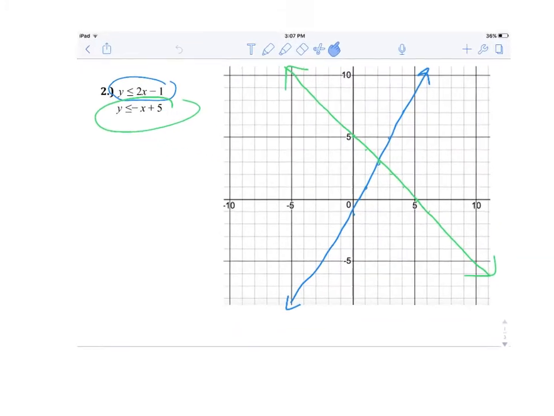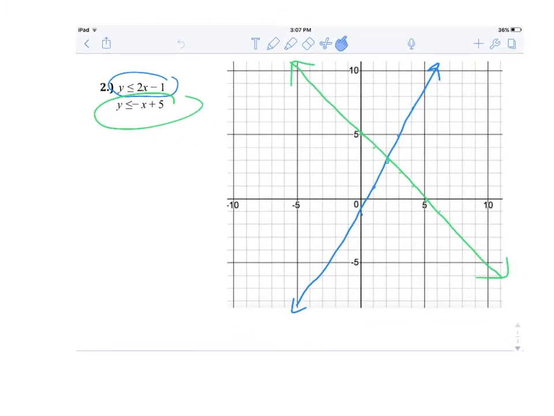So from here we want to see where we're going to shade. Looking at the blue line, we have y is less than or equal to 2x minus 1. Remember we have a top part and a bottom part. Since y is less than or equal to, we are going to shade the top part. I'm sorry, the bottom part, excuse me. So we're going to shade everything below.